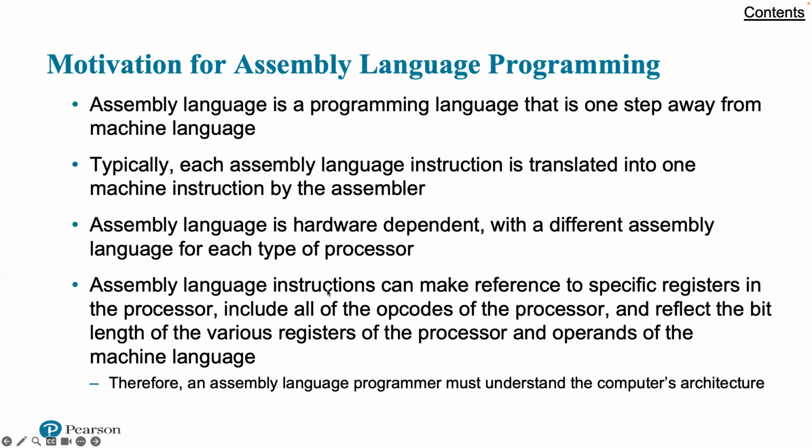So assembly language is hardware dependent, with a different assembly language for each type of processor. Assembly language instructions can make references to specific registers in the processor, include all of the opcodes of the processor, and reflect the bit length of the various registers of the processor and operands of the machine language. So there's a lot there.